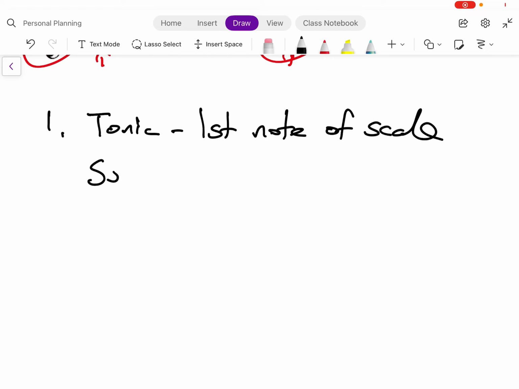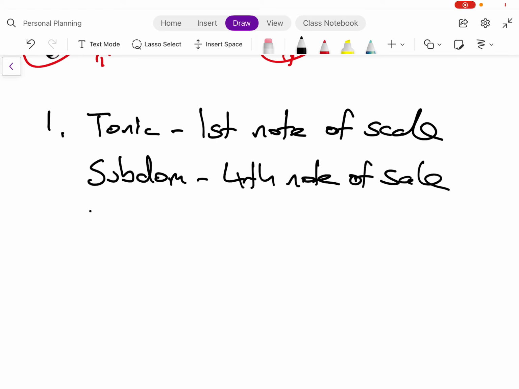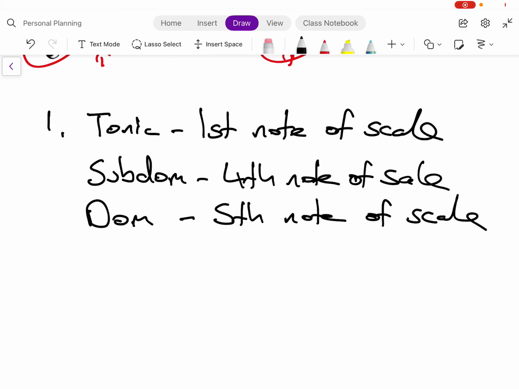The subdominant is the 4th note of the scale. And the dominant is the 5th note of the scale. You need to learn that to make sure you can answer this properly.